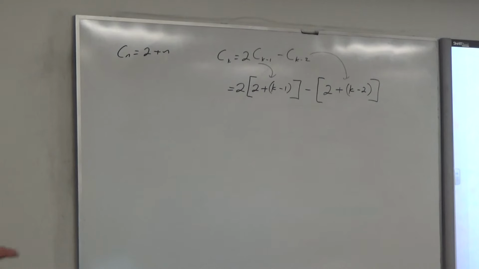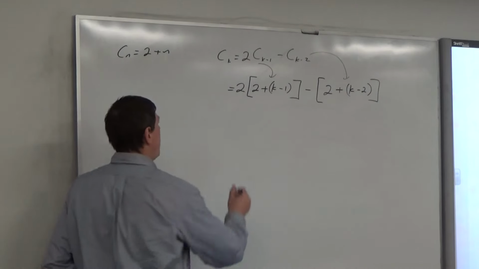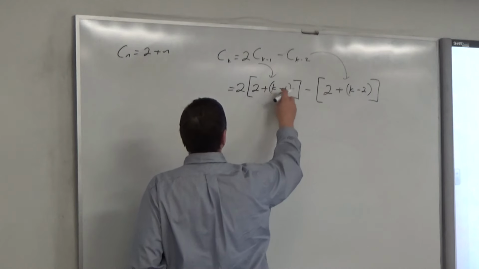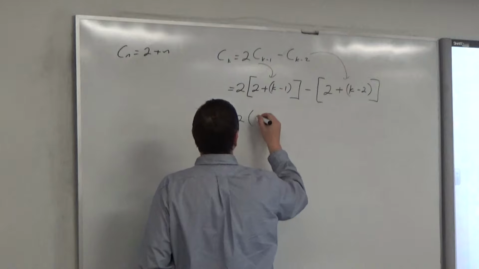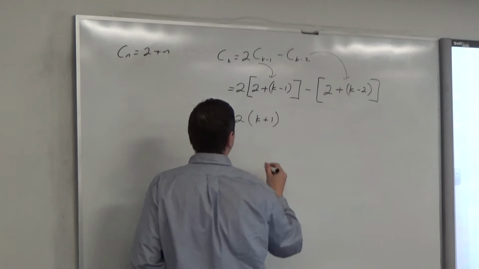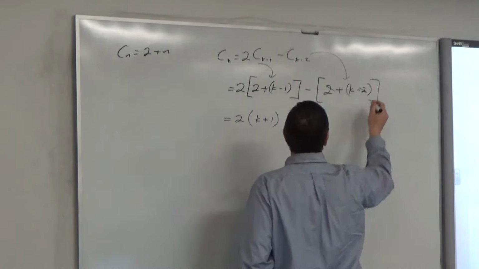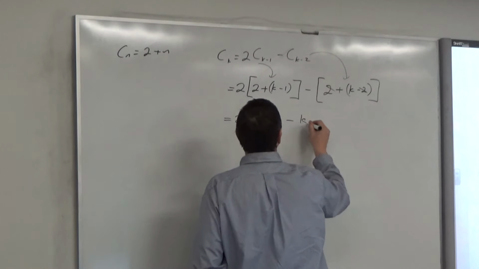Okay, so now guys, it's just a basic linear sort of a relationship. I think everybody's able to simplify this fairly nicely, so let's go ahead and simplify it. Okay. In the parentheses, 2 plus k minus 1 just becomes k plus 1. So I get 2 quantity k plus 1. Over here, the 2's cancel out, and that's just left with minus k.